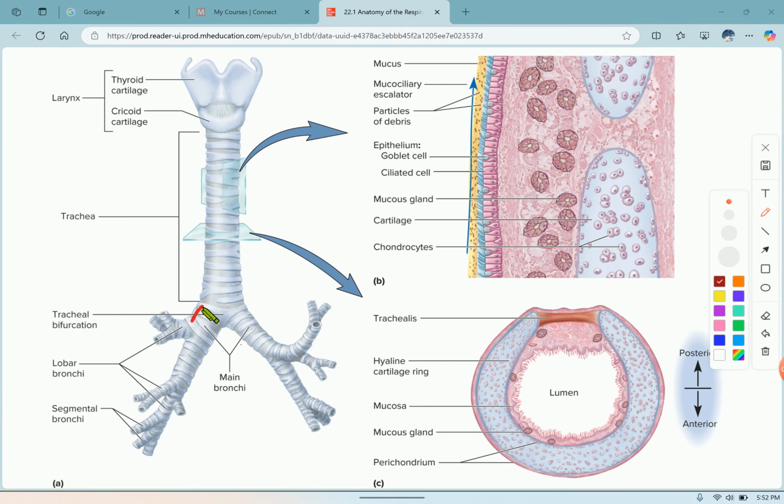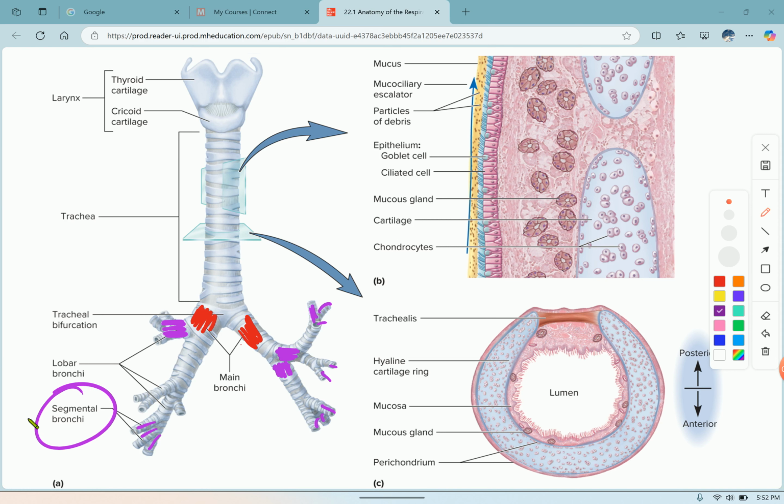The primary bronchi then bifurcate or split into the secondary bronchi, also known as the lobar bronchi, and then those will split again into tertiary, or the segmental bronchi.